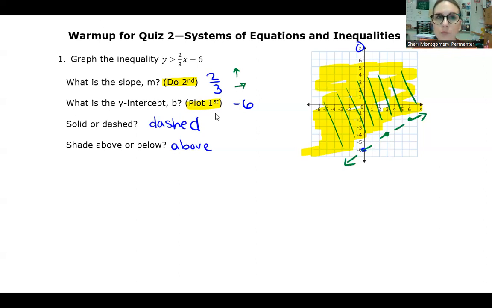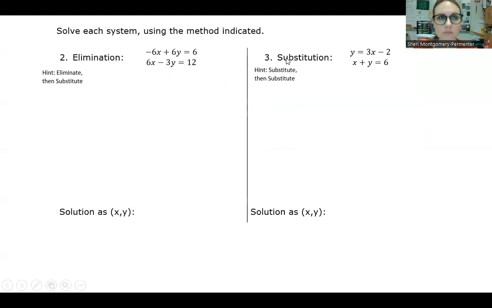And I can't give you partial credit for a multiple choice question unless you go through and you do these types of things. If you're showing me work that you know what the slope is, if it's supposed to be solid or dashed, shade above or below, you got to write stuff down. And then I will consider giving partial credit for that multiple choice question.